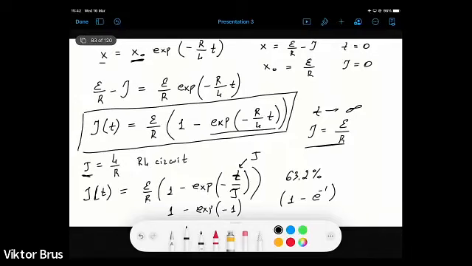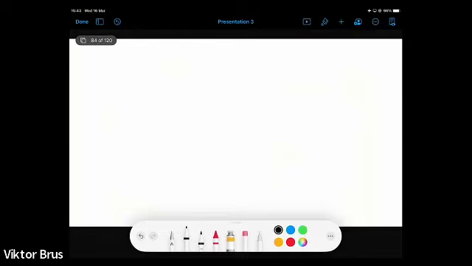So if now we want to inspect the change of electric current over time, we can take a first derivative of this function over time. So let us do it on the next slide. Let's write again this time dependence of electric current in this RL circuit: epsilon over R, unity minus exponent minus t over tau.